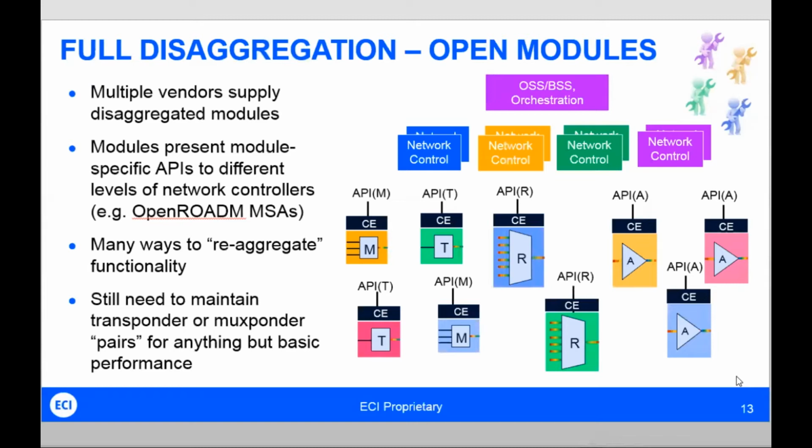You can provide a transmitter from one supplier, a receiver from another one, a ROADM from a third, and an amplifier from a fourth. Each of these would come with their own set of common equipment. Each of these would come with their own set of APIs in terms of the specific functionality of that particular module. And then these would all report northbound up to a specific network controller that that vendor provides, or that's provided, say, by the NREN based on the APIs.